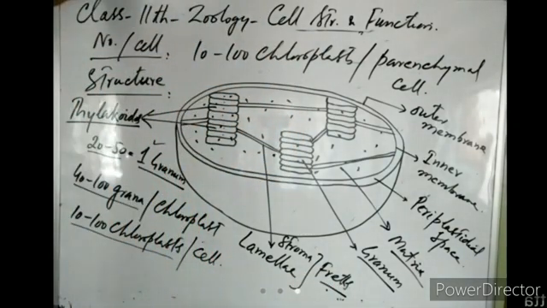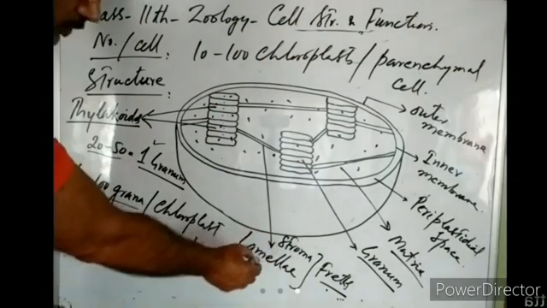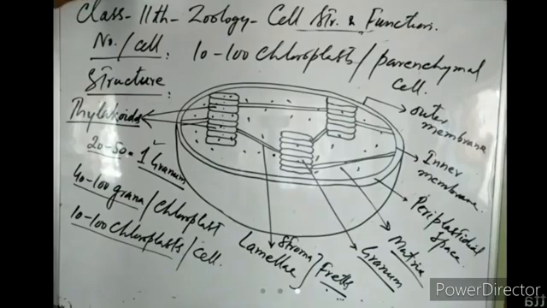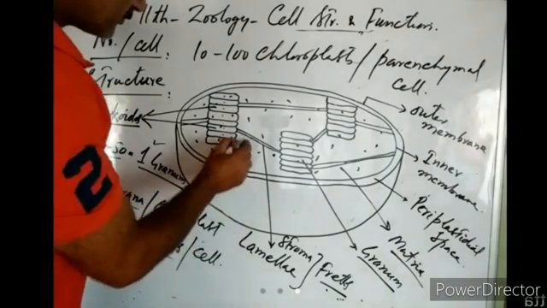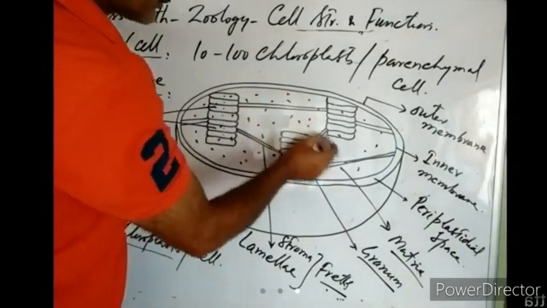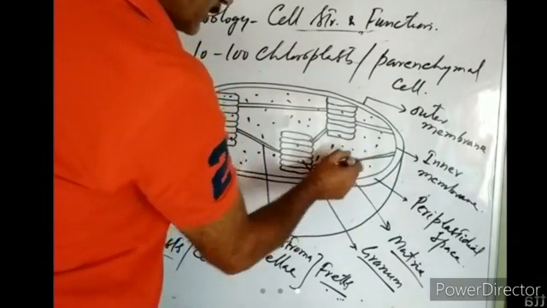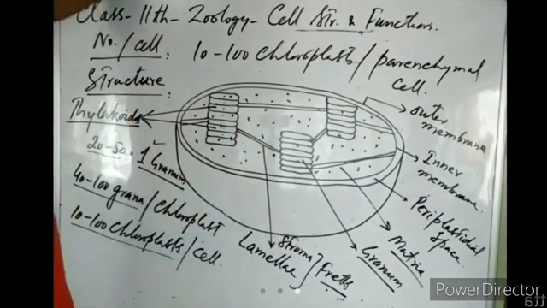Grana are interconnected with each other by these membranous structures. They are all present in a fluid-filled chamber. This fluid-filled chamber is known as the matrix, right?